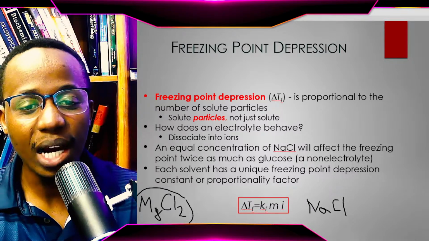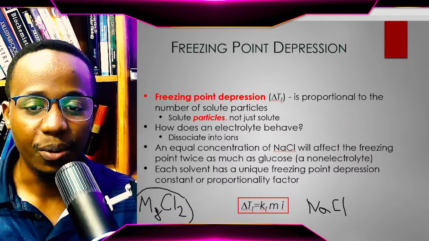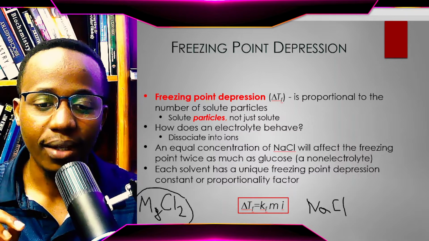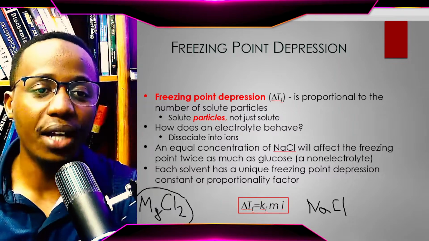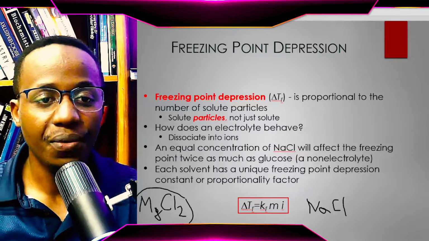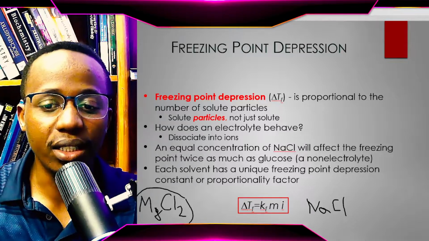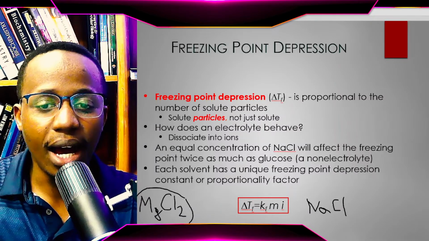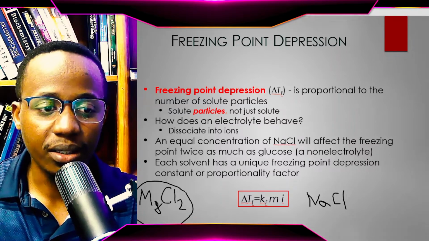So how many particles? 3. So MgCl2 will have an I number of 3, right? So that's how we're going to look at I. But this is only for ionic compounds, right? If you have covalent compounds, they won't dissociate in water, right? So I is very important to find when we're talking about these.